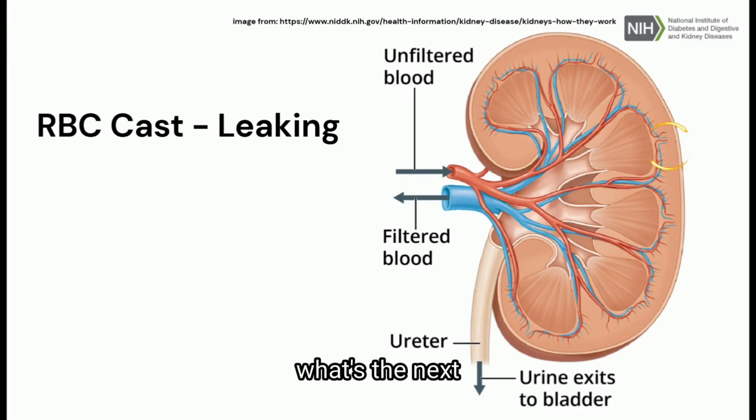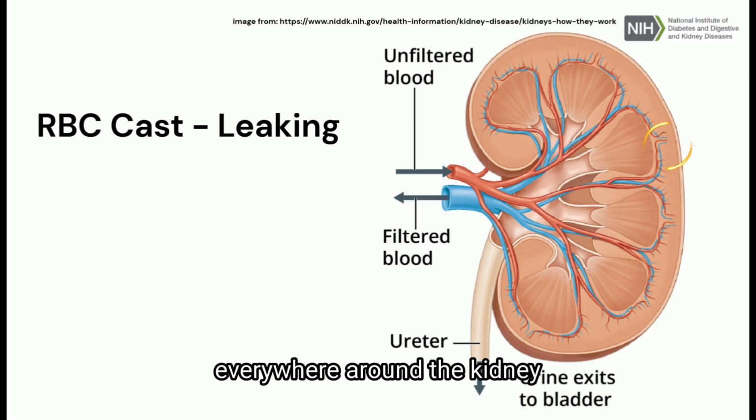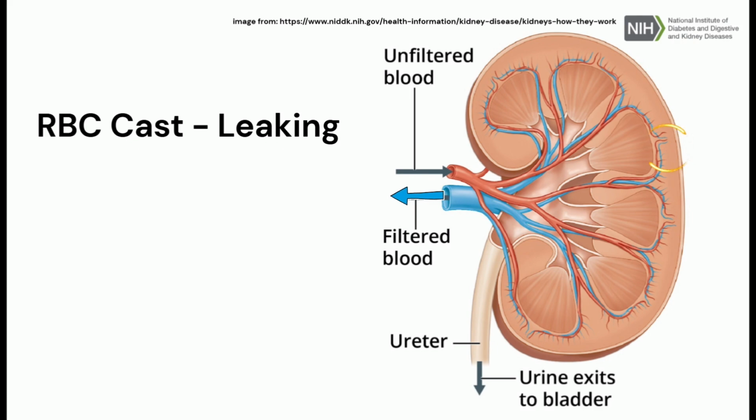Now, what's next? The kidney needs oxygen and nutrient to survive and function, right? So we just detoxed our blood. Now what happens next is this filtered blood will go ahead, drop off these supplies everywhere around the kidney, become deoxygenated venous blood and leave through the renal vein.